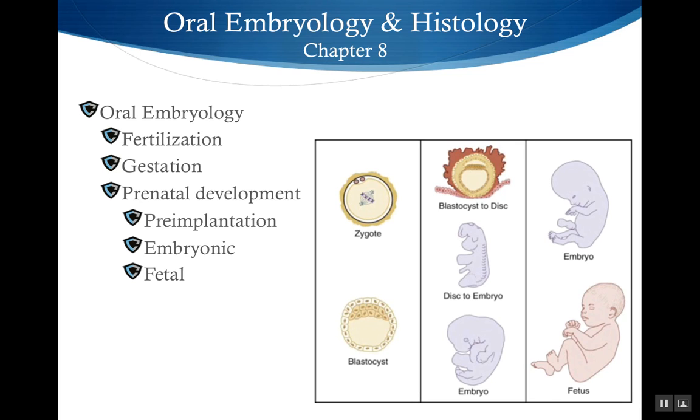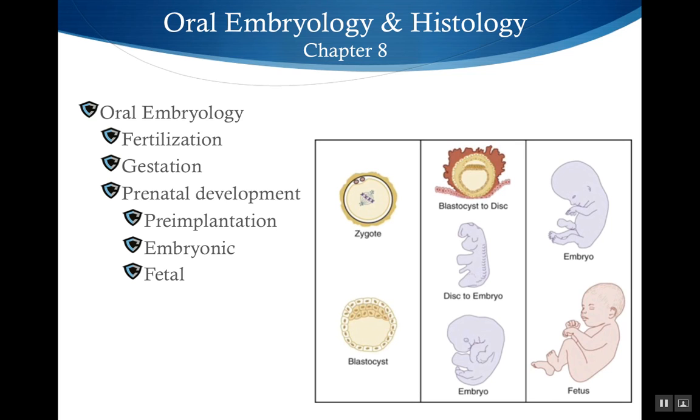We've got pre-implantation, which occurs during the first week. An egg, or ovum, has 23 chromosomes, and it is fertilized by sperm, which also contains 23 chromosomes. So a zygote is formed. You can see that here from the combination when the ovum is fertilized by the sperm, and the zygote has 46 chromosomes: the 23 from the ovum and the 23 from the sperm.